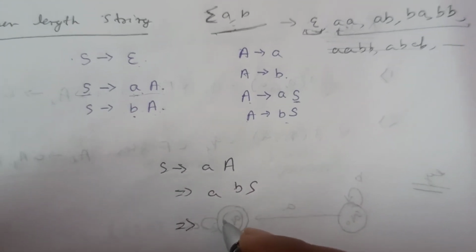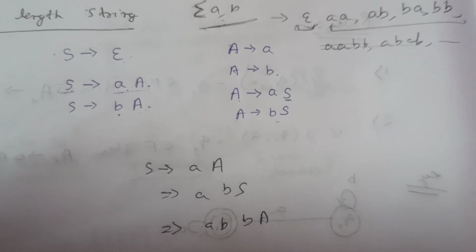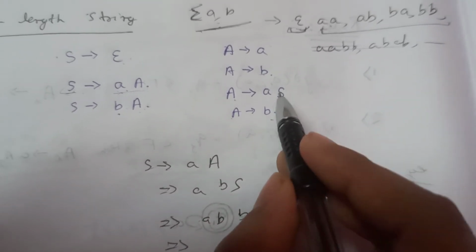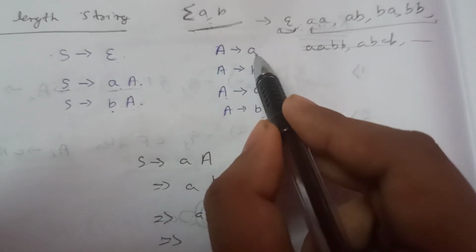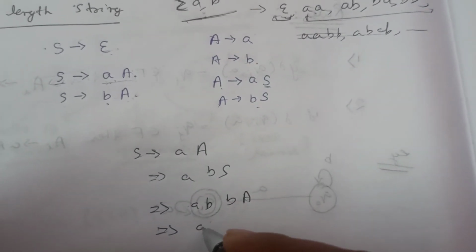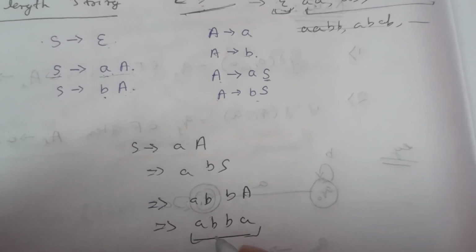Again from this S we are getting BA this time, and from this A we are getting A this time. Okay, so we are getting A B B A. So this is also an even length string.